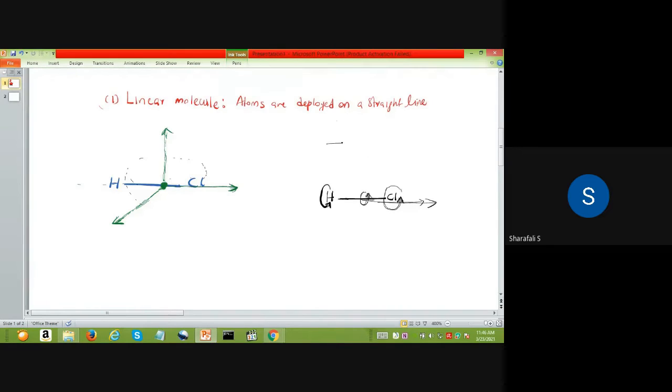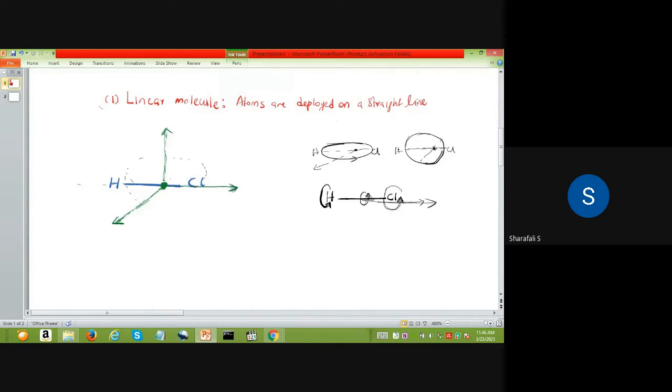The axis will come from here, because the center of mass is close to this chlorine. Similarly in the other case also, we have the center of mass coming here, near the chlorine.